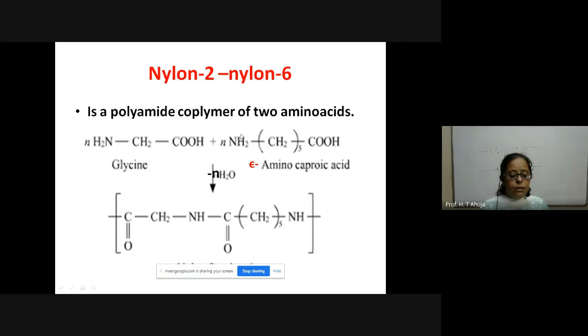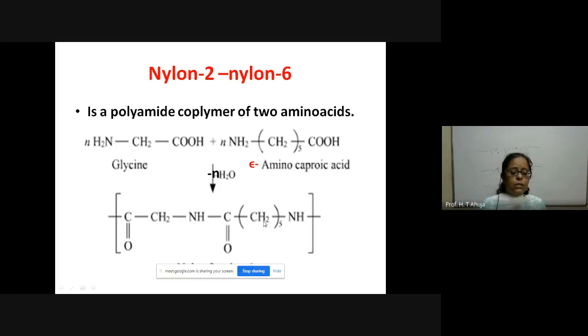See where I'm pointing: the OH group from here and a hydrogen from this amino group liberate a water molecule. So I have the formation of this particular structure. The n should be specified here as it is a polymer. This is the repeating unit, and a number of repeating units combine together to form a polymer. So just write n here.